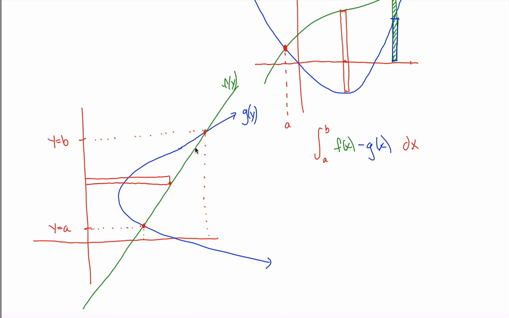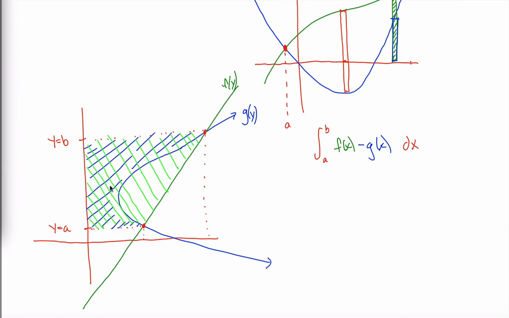Similarly, if I took the integral from a to b of g of y, I'd be talking about how much area there is to the left of this blue curve. Maybe this picture helps, or maybe it just makes it hard for you to look at. The integral from a to b of g of y would be this area shaded in blue. And the integral from a to b of f of y would be this area shaded in green.